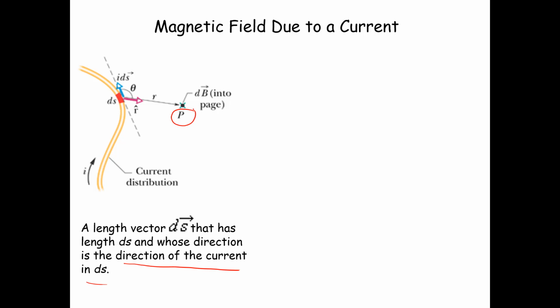We have to split the cable into small pieces, like the red one, the small piece of the cable ds. From the ds we can calculate the magnetic field at P.